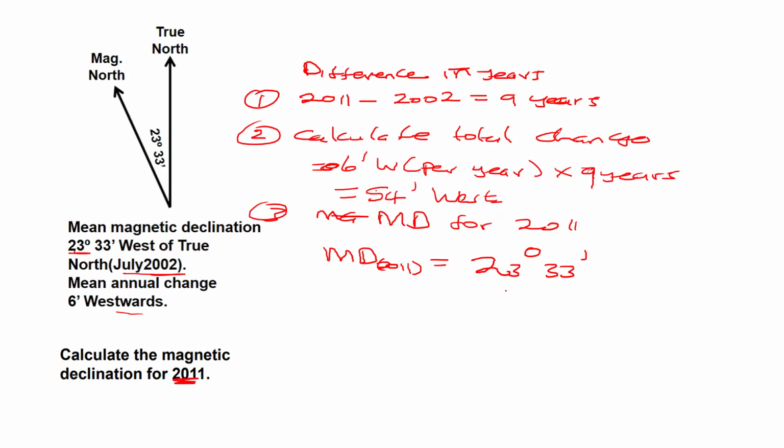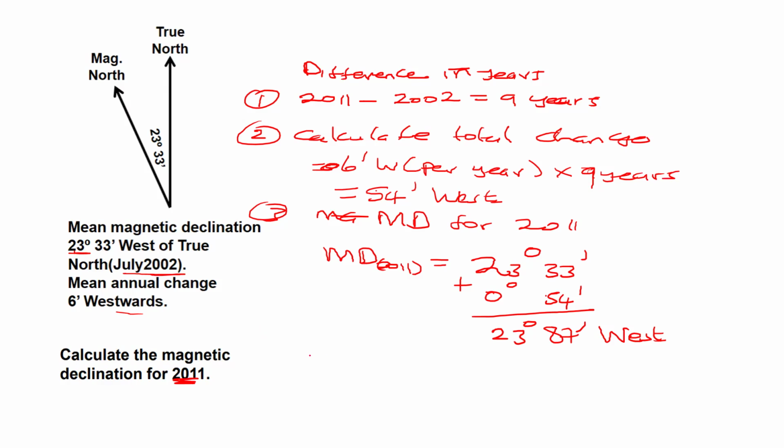Because it's westward, we are adding. So 0 degrees 54 minutes. Then 23 degrees, and 33 plus 54 is 87 minutes westward, or you can just say towards the west.